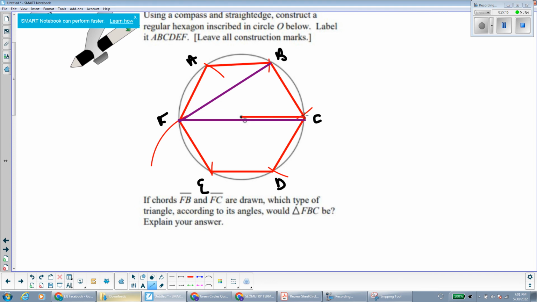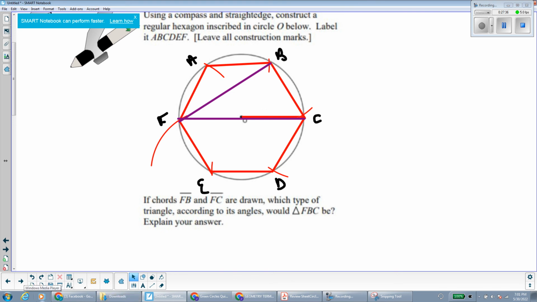FC should be on the same level. Let me move mine up. It's not on the same level as C. Sorry, this computer is awful. There we go. Okay, I think that's clear enough that we can see what's going on over here.